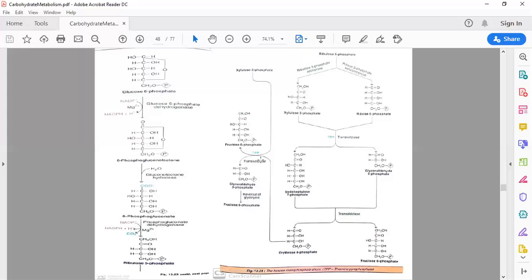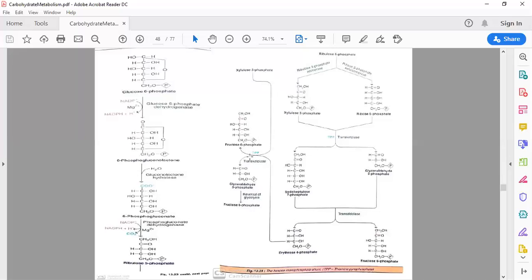So here in the next step, the transketolase acts on xylulose 5-phosphate and transfers 2 carbon fragments from it to erythrose 4-phosphate to generate fructose 6-phosphate and glyceraldehyde 3-phosphate.